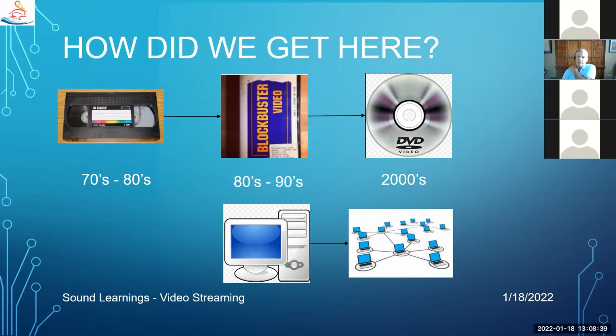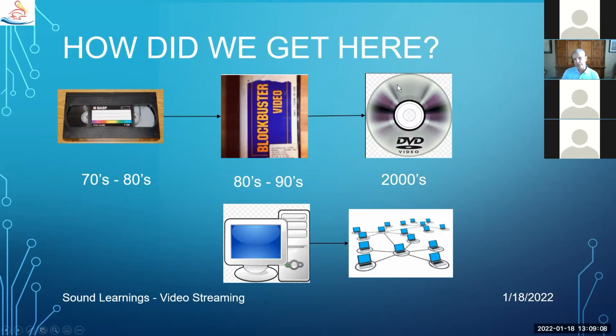Also at the same time in the 2000s came about the internet, that famous thing that allowed all these computers to talk to each other. So really, by combining what happened in the digital recording space, in other words digital videos, and the internet, the advent of the internet is what really allowed the advent of streaming.